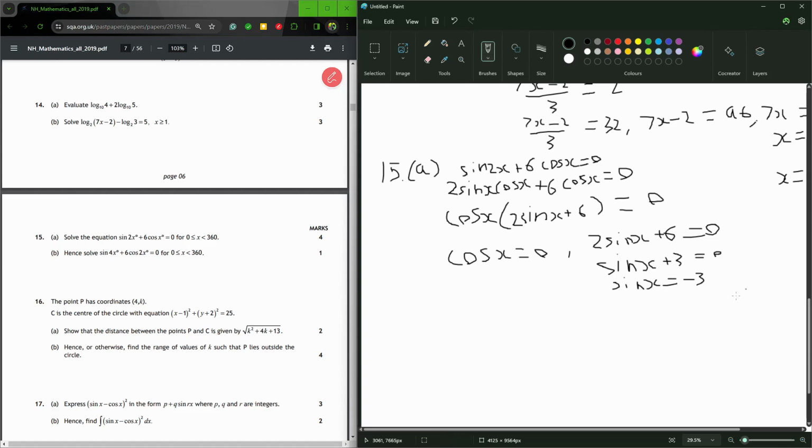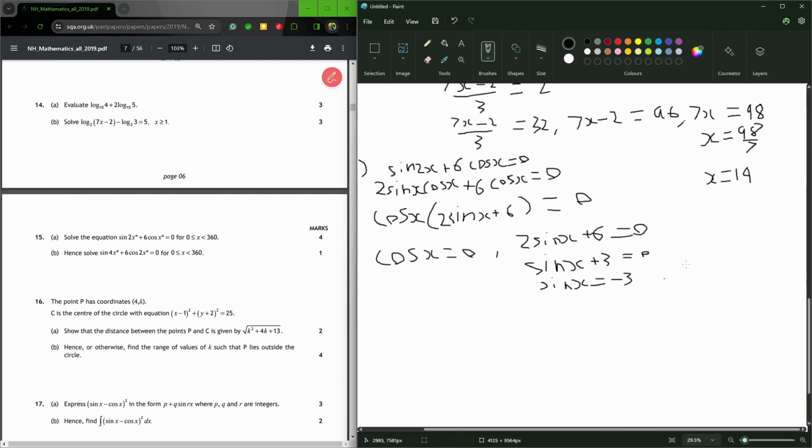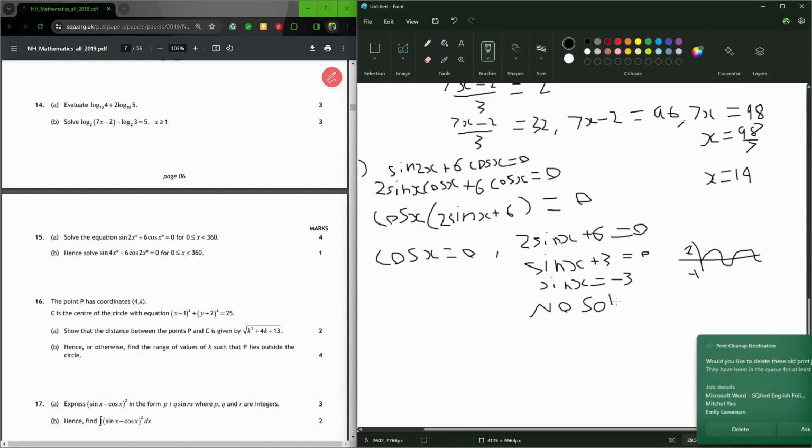Uh-oh, if you look at a graph of sine, you cannot do that. It's banned, because regular sine only goes up to 1 and down to minus 1. Okay, so no solutions. That side is a dead end.